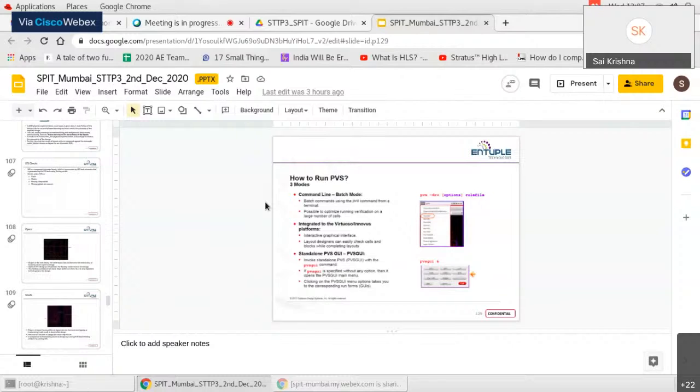In order to make sure that you are in line with the requirement, you write a test bench, or manually using an EDA tool you force certain values onto your main code, and then you simulate it.